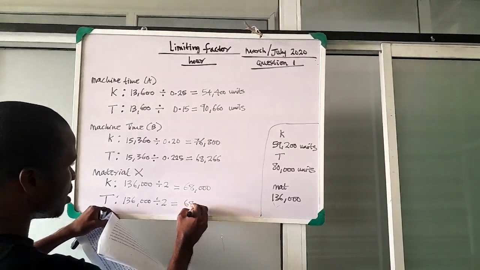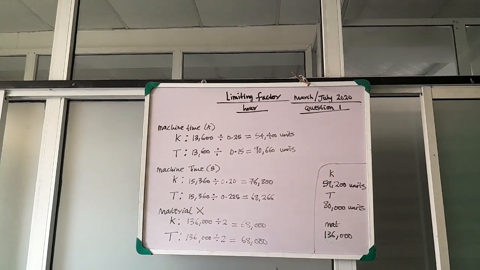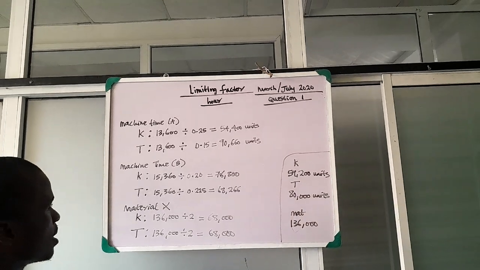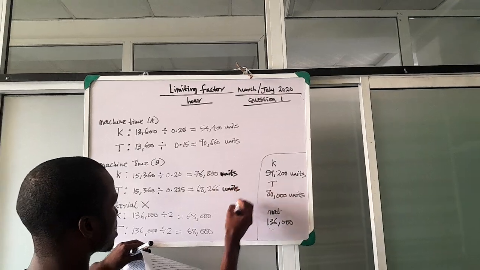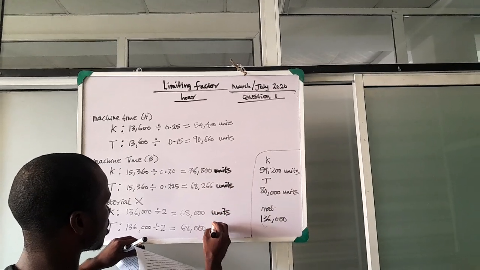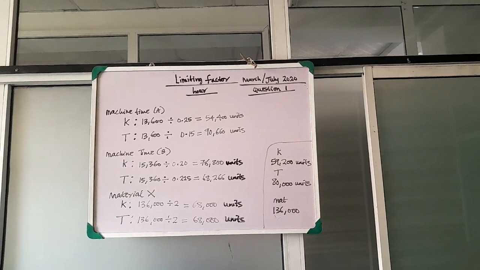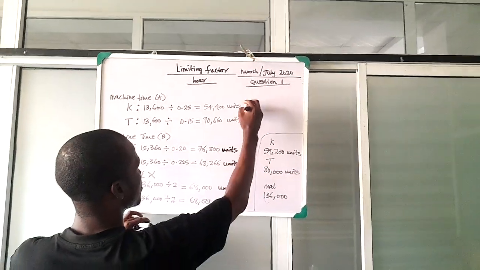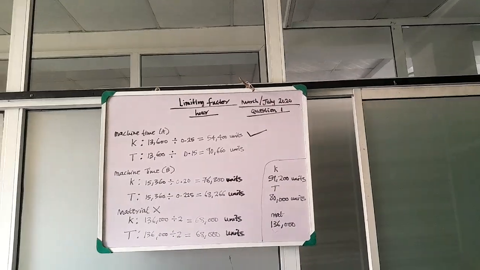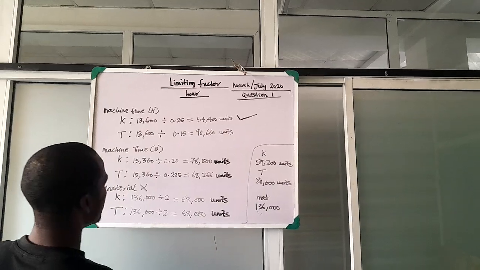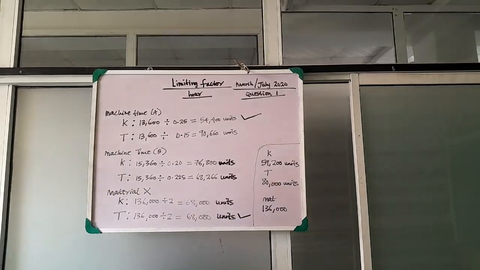This is equally 68,000. We'll look out for the smallest units for each of K and T. Here clearly the smallest unit for K is 54,400, and the smallest unit for T is 68,000.